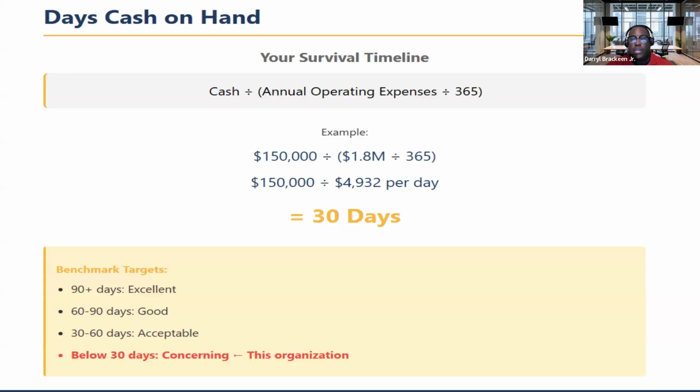You start with the parentheses and then work your way down. In the parentheses, that equals $4,932 per day. Then you divide 150,000 by that, which gives you 30 days. That's your survival timeline. If it's below 30 days, that's concerning for your organization, right? But at 30 days, it's acceptable, though you're kind of pushing it.